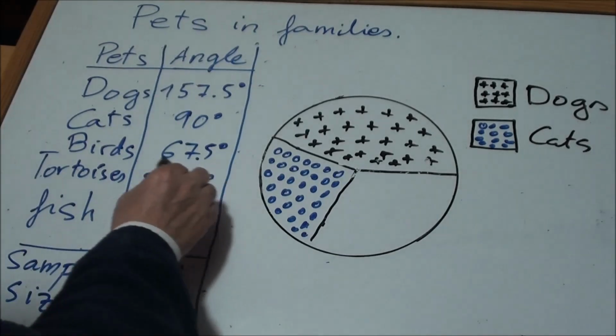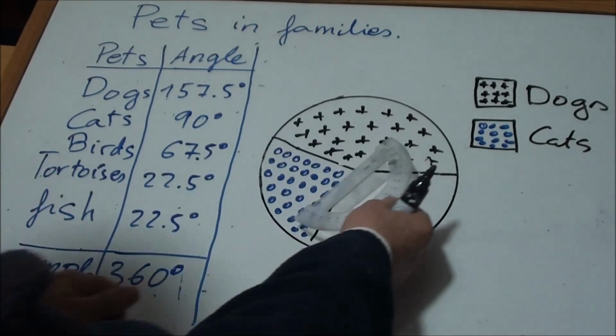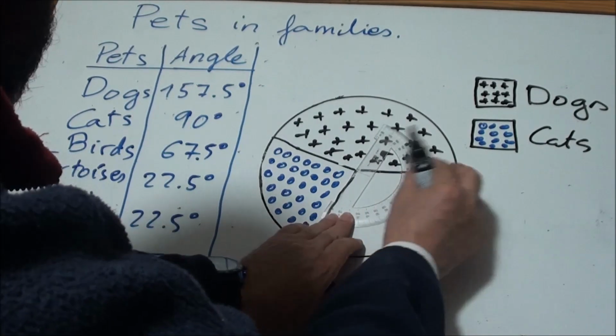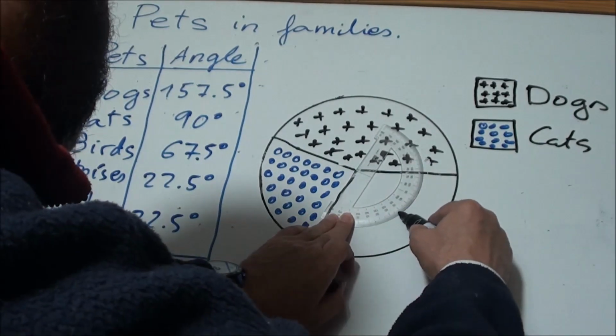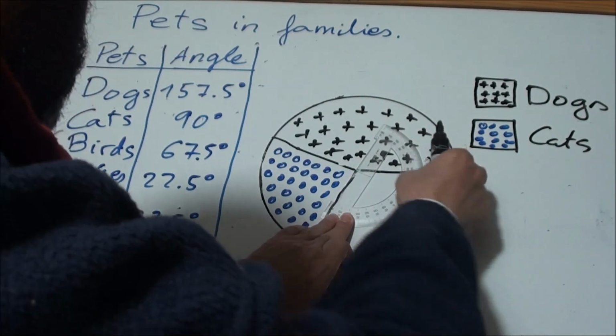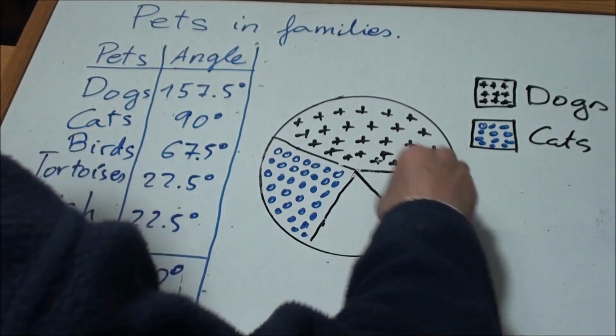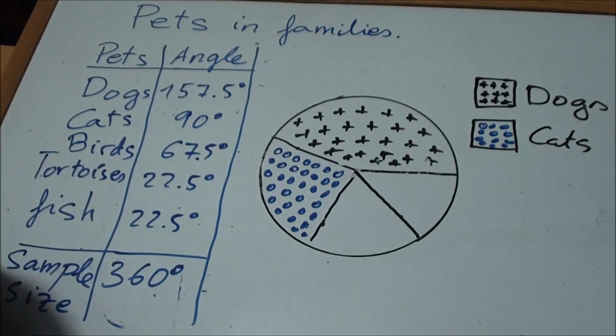Now we go with birds. 67.5, so turn the protractor around. 67.5, it would be around here, and that would be birds.